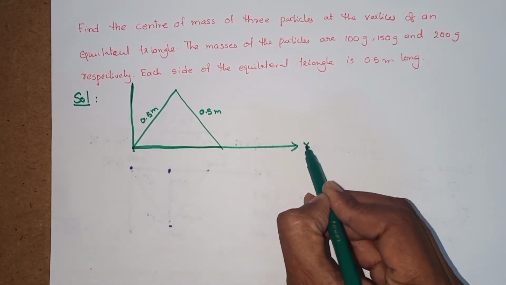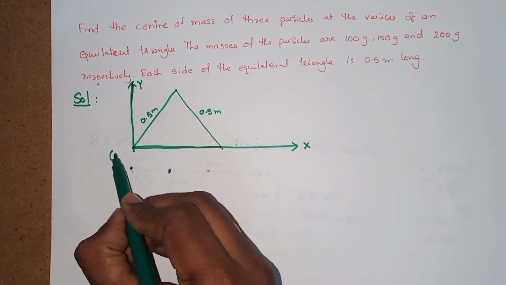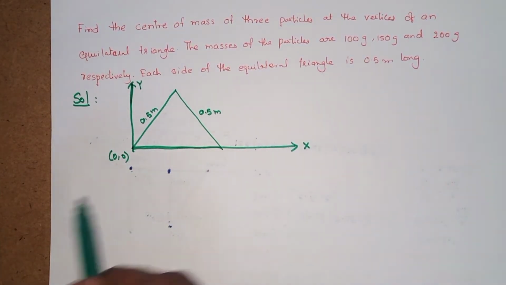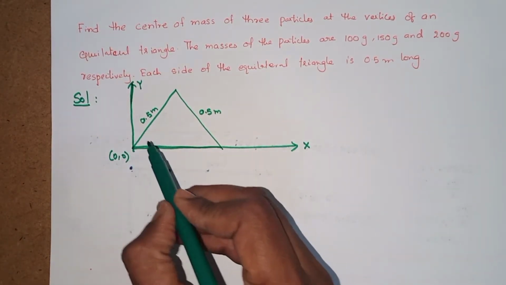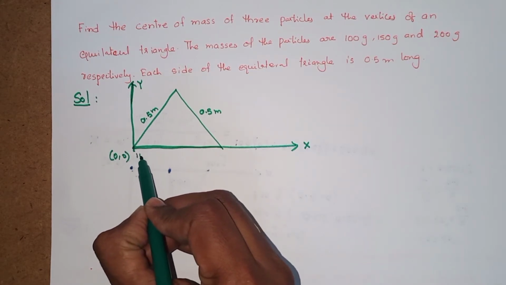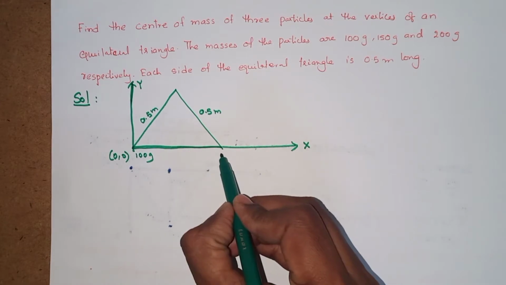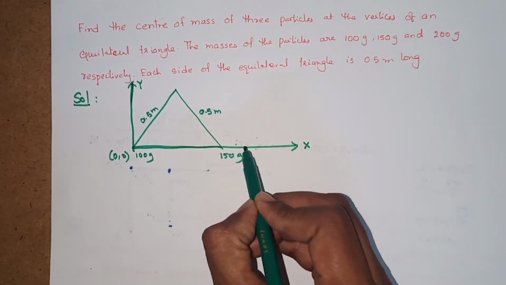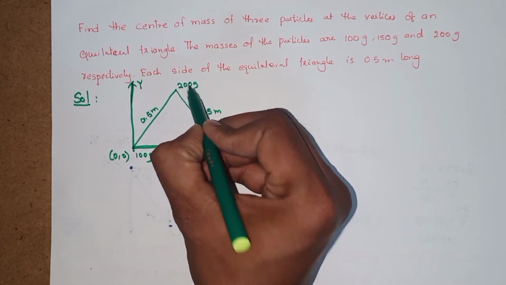This is the x-axis and this is the y-axis, and this is the 0, 0 origin. Right, now we need to locate the mass particles. The first one is 100 grams, the second one is 150 grams, the third one is 200 grams.